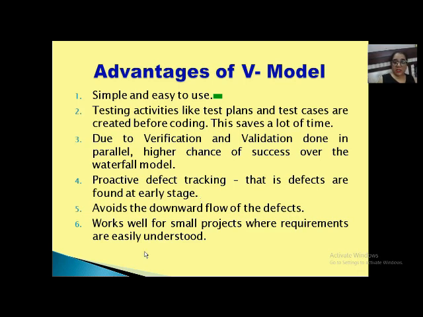It avoids the downward flow of defects. At every level, when defects are diagnosed and corrected, there are fewer chances of them flowing into the downward phases. It works well for small projects where requirements are easily understood.